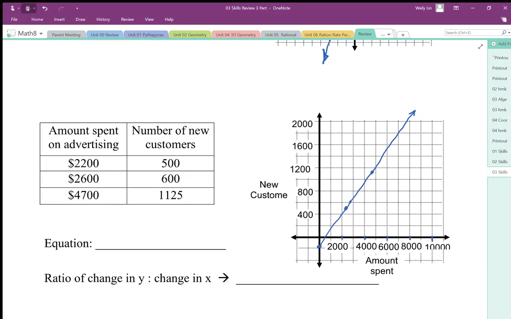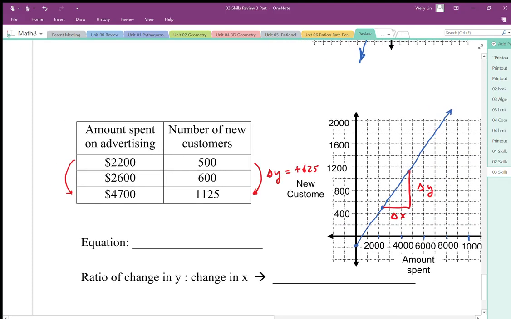Now to write the equation, we need to know two things. We need to know the ratio of change or slope. So we want to know what the slope is as a ratio of change in y compared to change in x, and we can do that through any 2 points. So we're going to measure this change on the table. So this change here will show up on the table as well. And the change in y looks like we went up 625, so we subtract those two numbers.